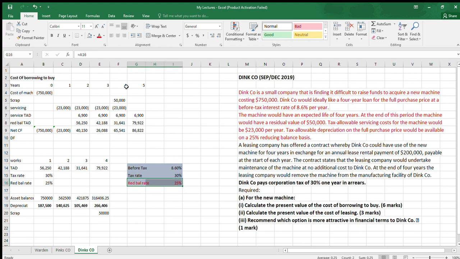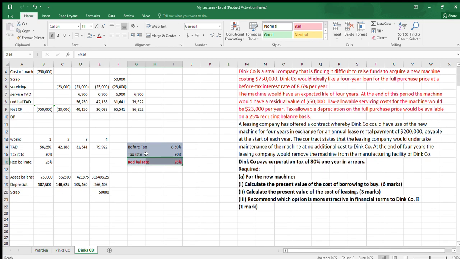So now our after-tax rate will be equal to the normal tax rate, which is 30%, multiplying bracket open 1 minus the before-tax rate, which is 8.6%, which will give you 6%.